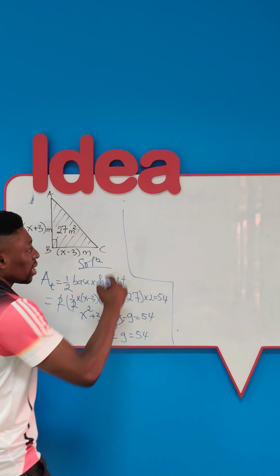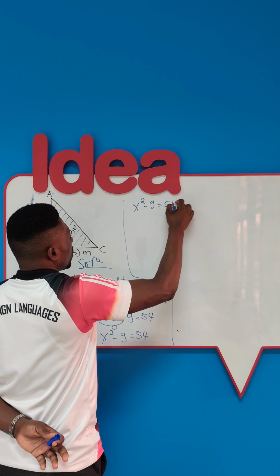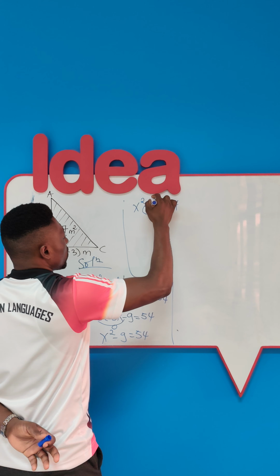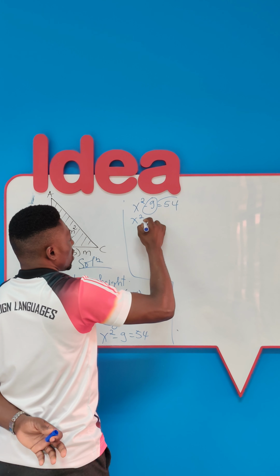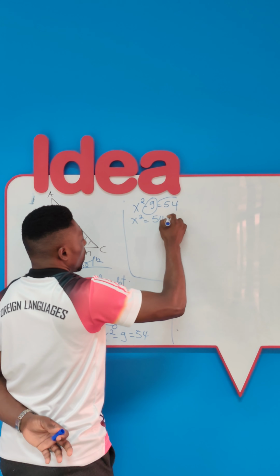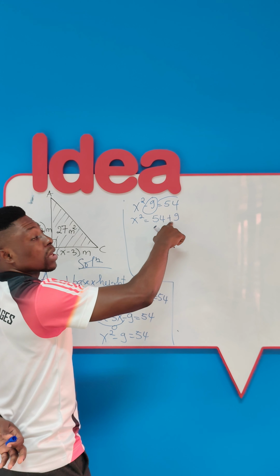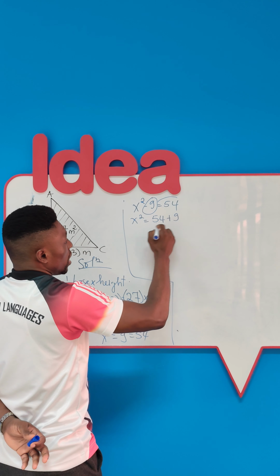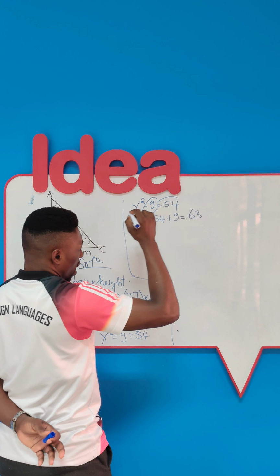So I start by sending negative 9 to the right side of the equation to have x squared equal to 54 plus 9. Be careful, when negative 9 moves, it becomes positive. The right side simply boils down to 63.